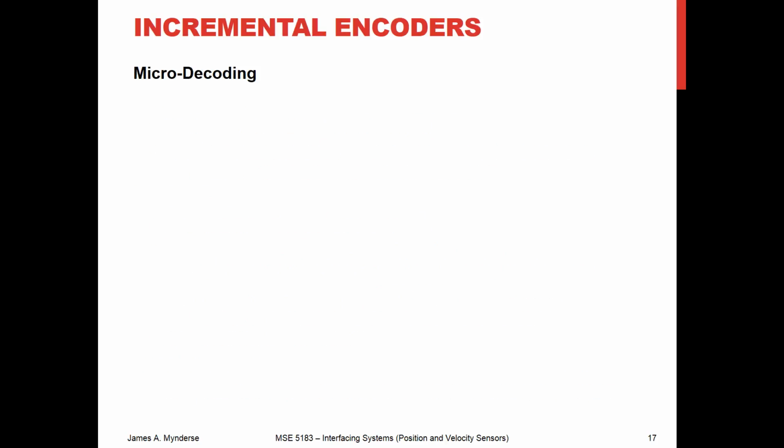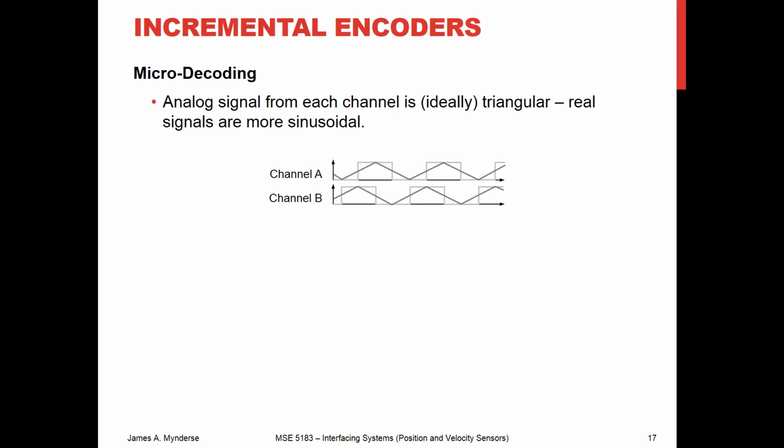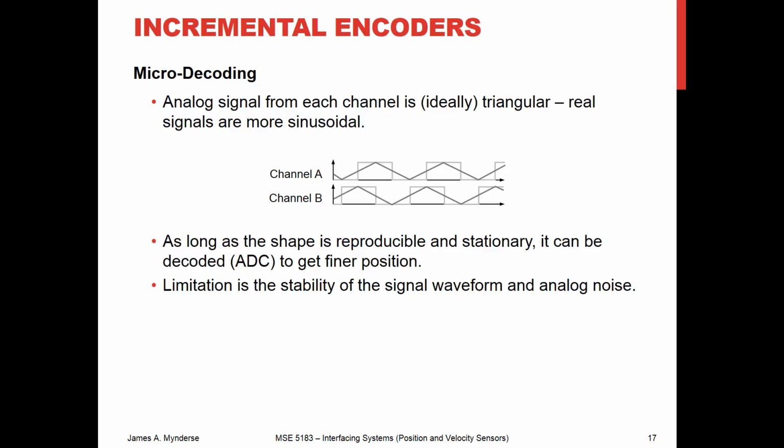You can also do something called microdecoding. Microdecoding says that if we look at the actual signal from the channel, not the digital value of it, but the analog value of it, then it should be triangular or possibly sinusoidal. But either way, there's more to it than just a squared-off wave. And so you could use that with an ADC and get some additional position accuracy out of it.